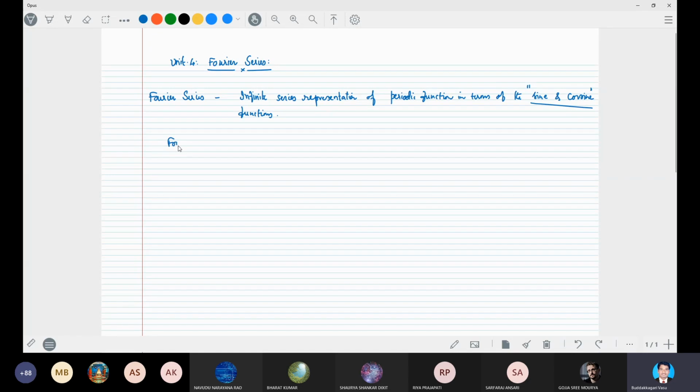This is very important. Why is Fourier series powerful in solving differential equations or approximating?